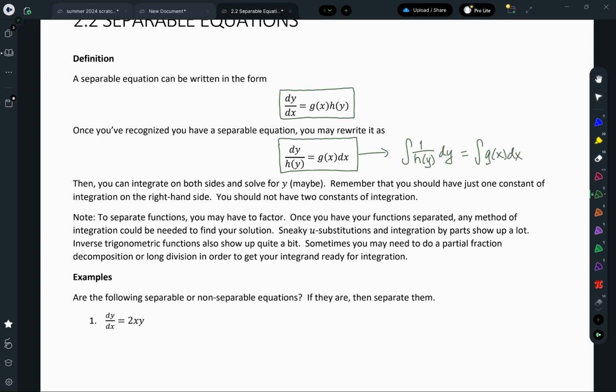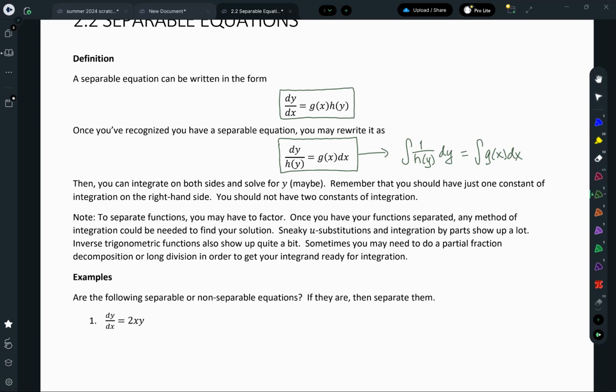Now, the reason we're able to do this is because in this differential form, with the derivatives split up, we already have a differential on each side of the equation. So we're not introducing a differential. We've already got it. Now let's just integrate both sides. The differential that belongs with each side will tell us what we are integrating with respect to.